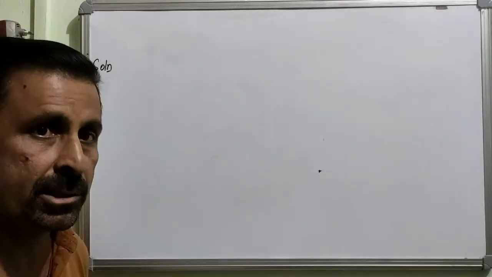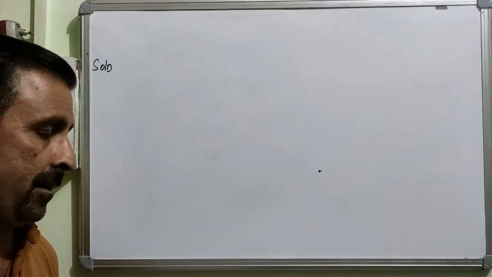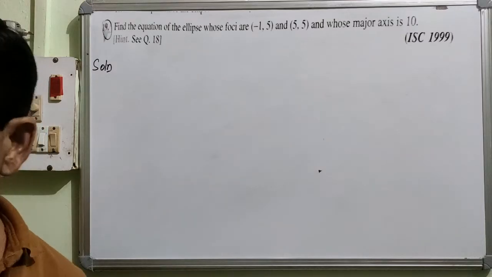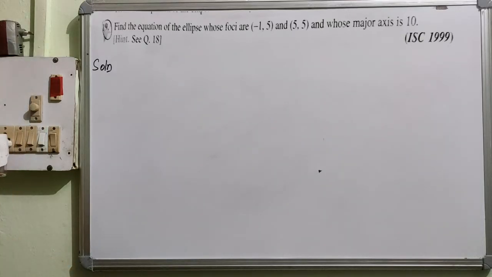We are taking the last question, number 19 of this ellipse. This question is to write down the equation of the ellipse when the foci are at (-1, 5) and (5, 5), and whose major axis is 10. Now here the foci are at (-1, 5) and (5, 5).